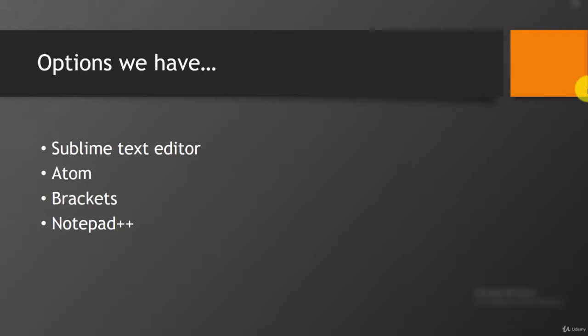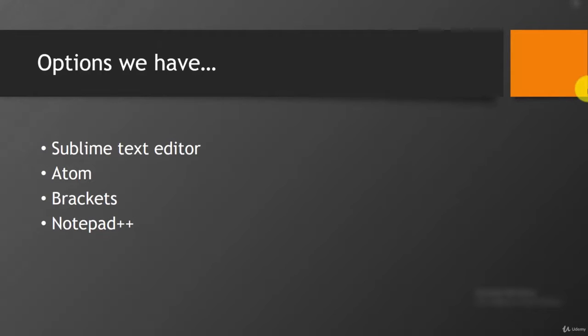There are plenty of code editors available in the market. You can use the code editor of your choice or the one you are comfortable with, but my favorite one is Sublime Text Editor or Brackets. So it is recommended that you use Sublime Text Editor or Brackets for this course, but it is totally up to you.